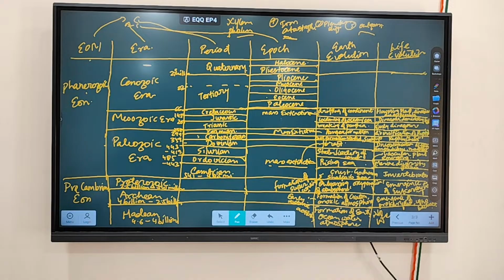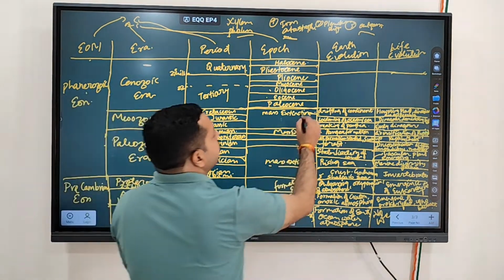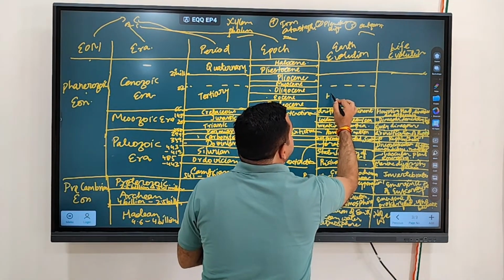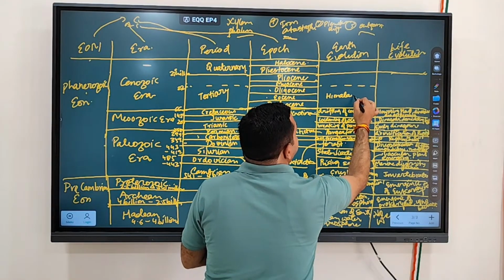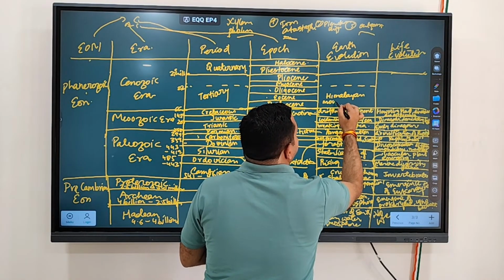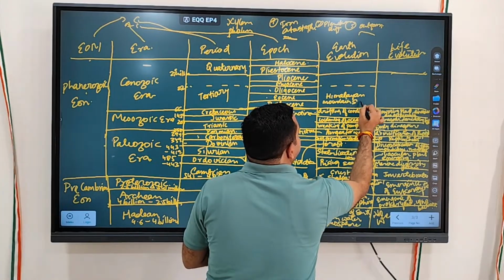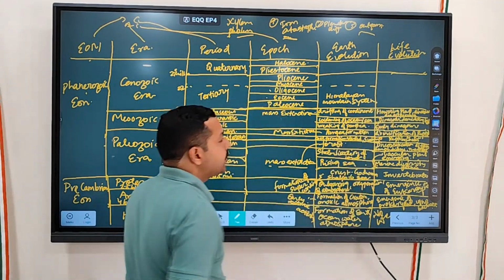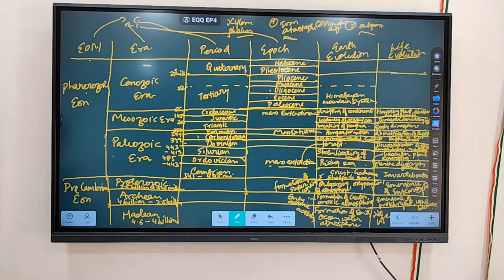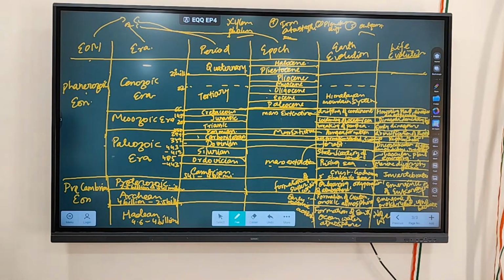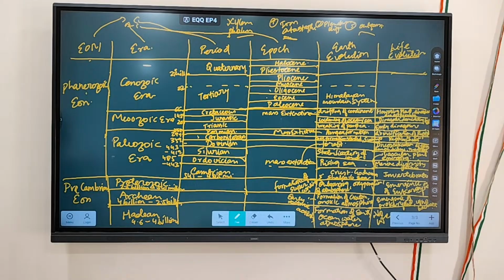Now what is happening in this period, the Paleocene, Eocene and Oligocene? You'll see creation of the Himalayas. The Himalayan mountain system formed in this particular period. So formation of the Himalayas is happening in the Tertiary. The Himalayan mountain system is being formed when the Indian plate is colliding with which plate?